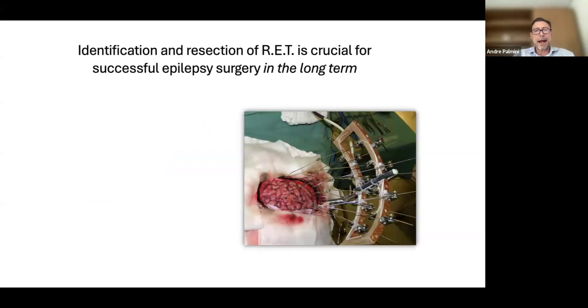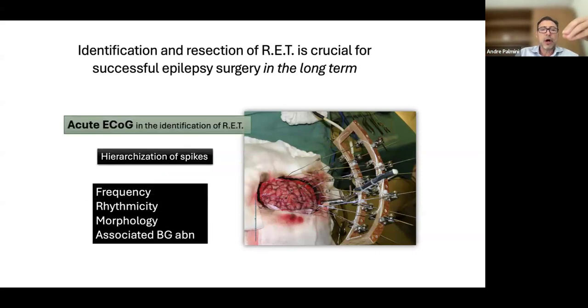This is the apparatus we use, and of course, to identify this relevant epileptogenic tissue, we take many aspects into consideration. The frequency, the rhythmicity, the morphology of the spikes, sometimes these polyspikes are very, very epileptogenic. The associated background abnormalities, sometimes, like this patient who is just being operated now.